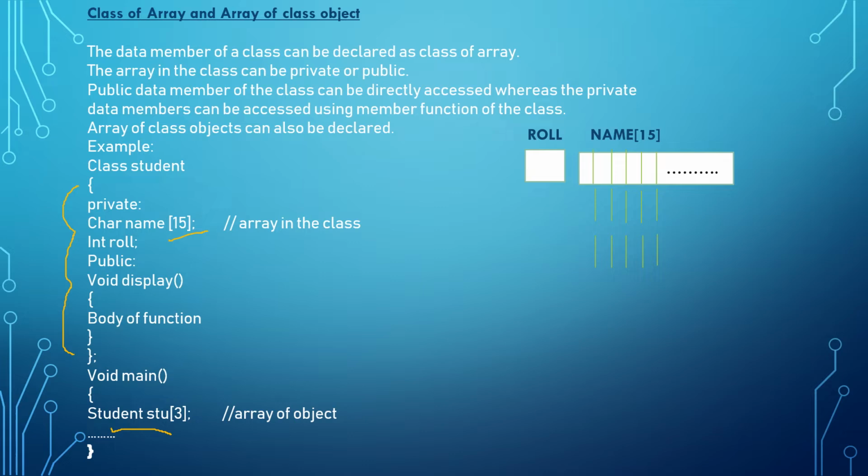But this was for the data members. As we know, this memory space is allotted when we make the object. If here it would be stu without an array, then we would have got this roll and name, this much space, and because it is private, we can access it using the member functions.